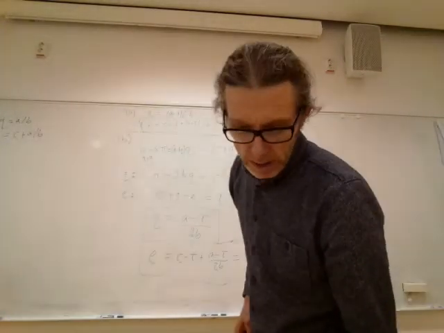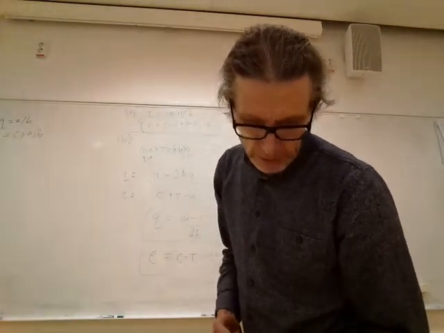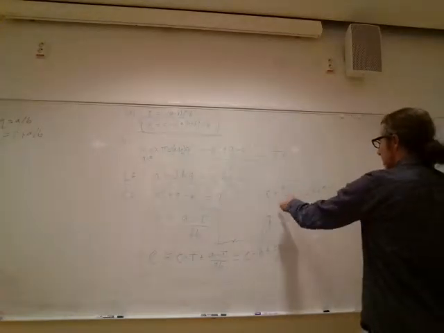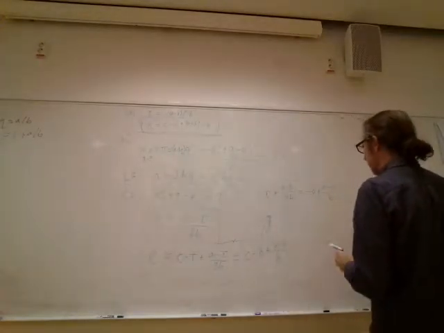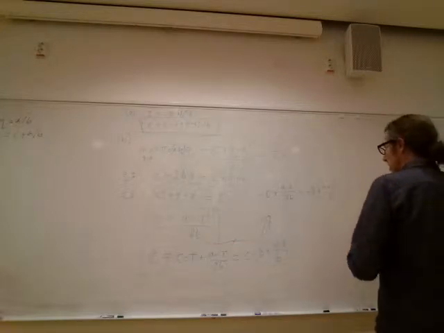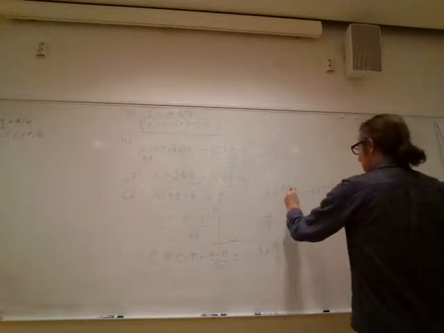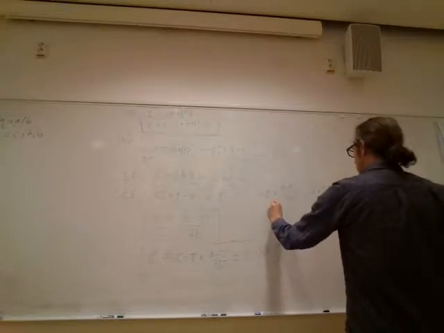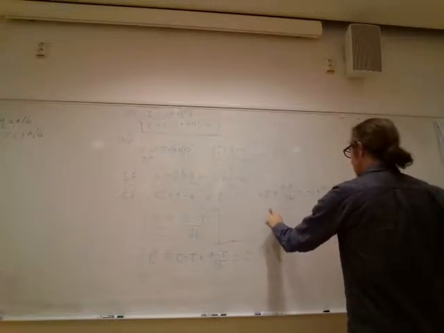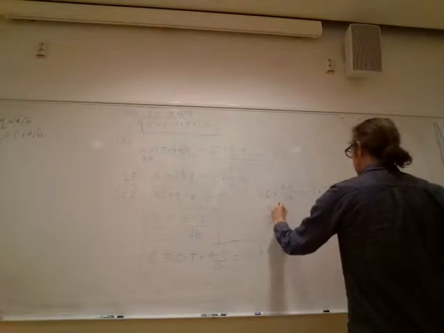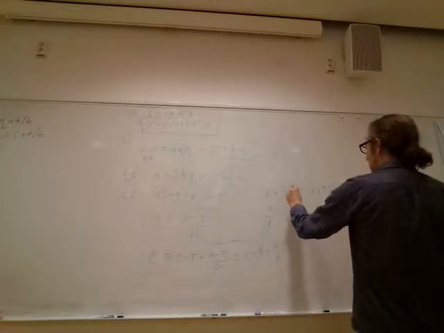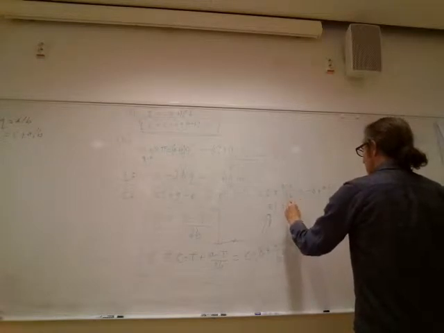Now then, let's check the question again. Find the level of the tax, blah blah blah. So we want to isolate the tax. So let's collect terms in the tax and say tau times minus 1, that's that term, times minus 1 over 2b.